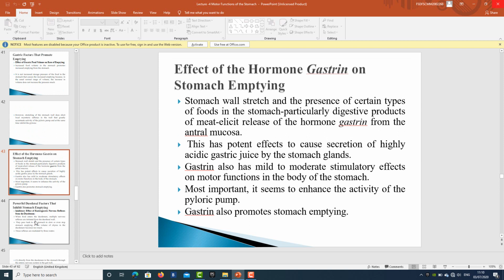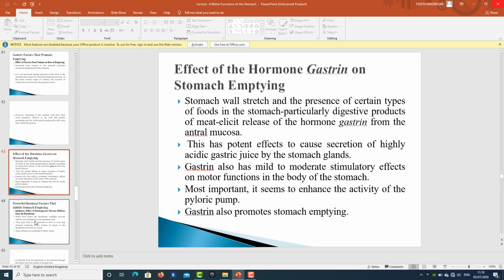Now, there is a hormone known as gastrin which has an effect on stomach emptying as well. The stomach wall stretch and presence of certain types of food in the stomach, particularly digestive products of meat, elicit the release of the hormone gastrin from the antral mucosa.